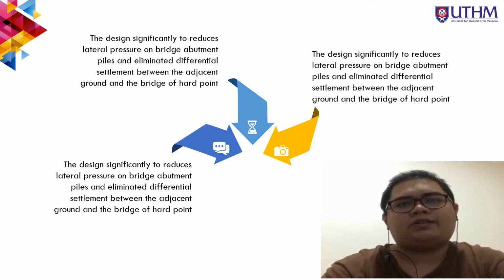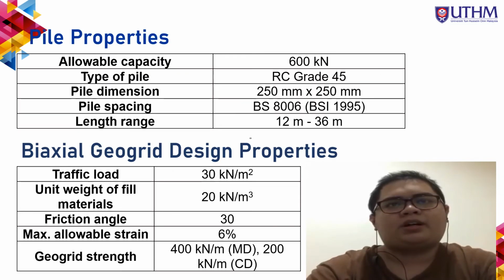The design is to reduce lateral pressure on the bridge abutment pile and eliminate settlement between the adjacent ground and the bridge hard point. This table shows the pile properties: the type of pile that we use is RC grade 45 with dimension 250 x 250, and the length ranges from 12 meters to 36 meters.